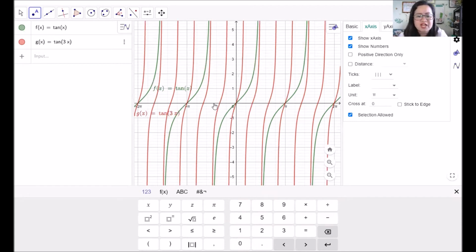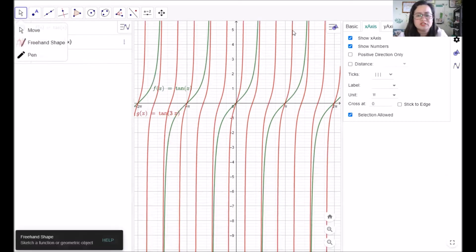Now we can see that there is a big change in the graph of tangent x.